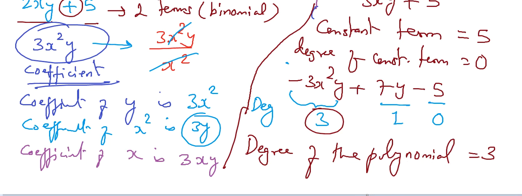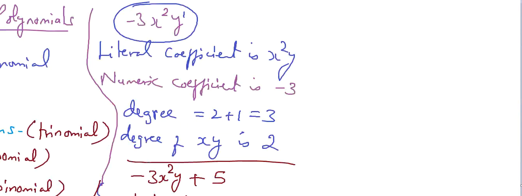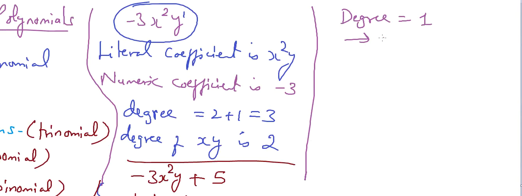Okay, now based on the degree, let's see how the polynomials are classified. If the degree is 1, then that polynomial is called a linear polynomial.